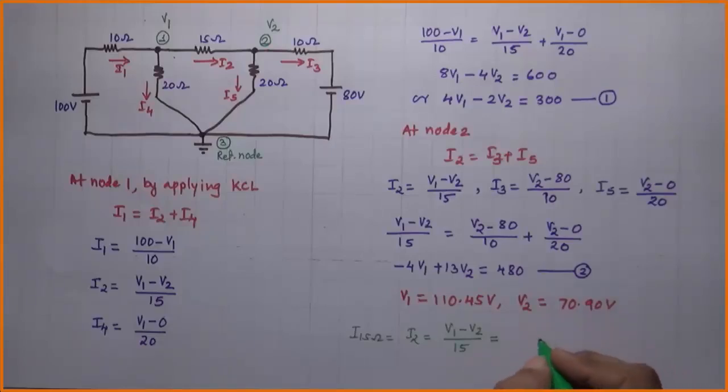If you substitute the values of V1 and V2, we will get answer as 2.63 ampere, and the direction is from node 1 to node 2. Hence, the current through 15 ohm resistance using node analysis technique is 2.63 ampere.